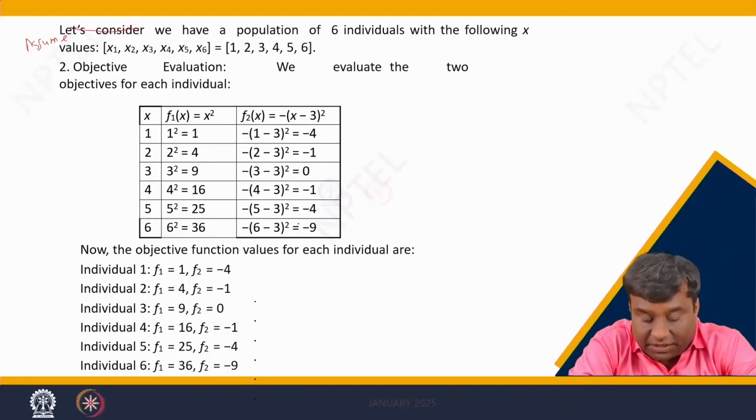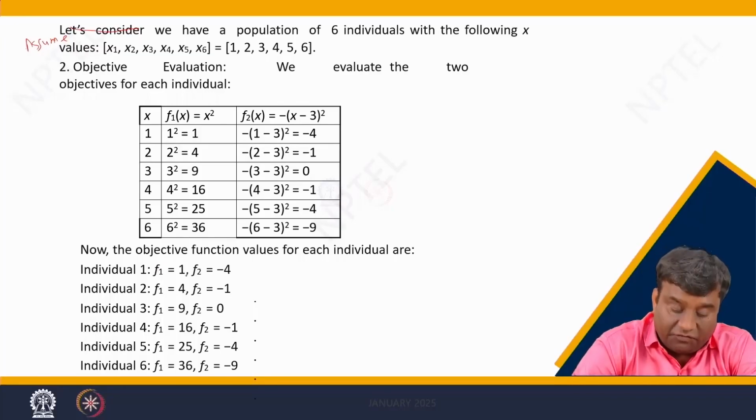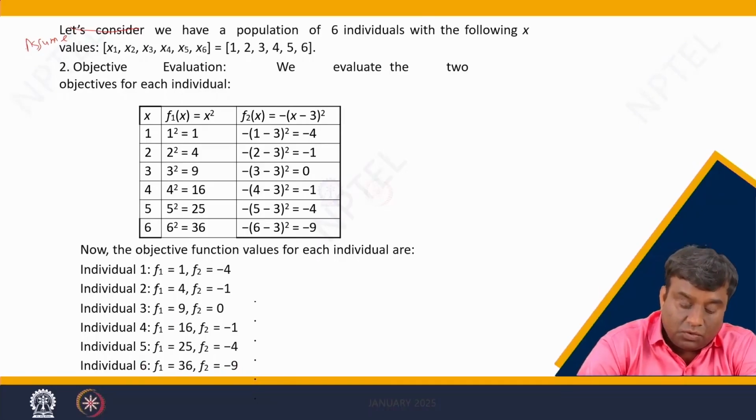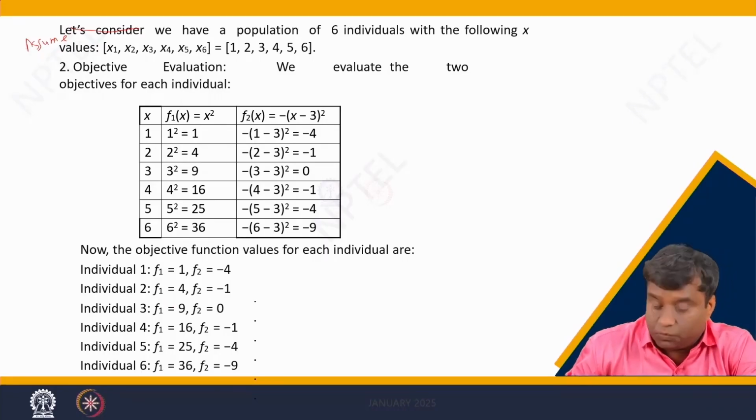Now the objective function values for each individual are: for individual 1, f1 equal to 1, f2 equal to minus 4; for individual 2, f1 equal to 4, f2 equal to minus 1; for individual 3, f1 equal to 9, f2 equal to 0; for individual 4, f1 equal to 16 and f2 is minus 1; individual 5, f1 equal to 25, f2 equal to minus 4, and f1 equal to 36 and f2 equal to minus 9 for individual 6. Now we need to divide 3 individuals for f1 and another 3 individuals for f2.